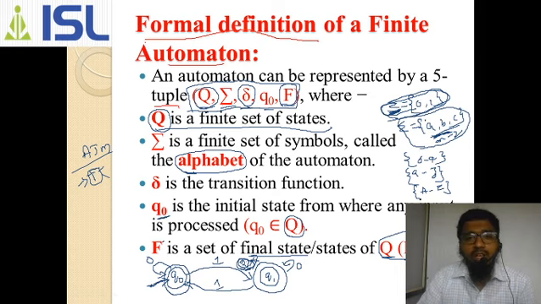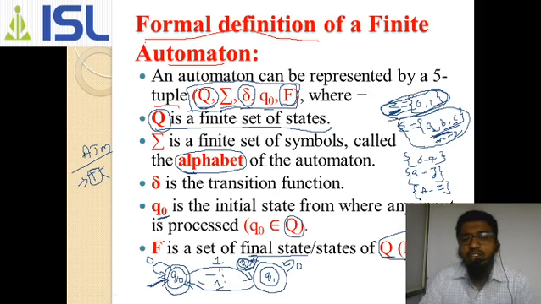So whatever you are taking here, a b c, 1 2, 0 1, small abc, capital ABC, that is called the alphabet. And delta is the transition function, whatever transition is going on here, this is called delta.